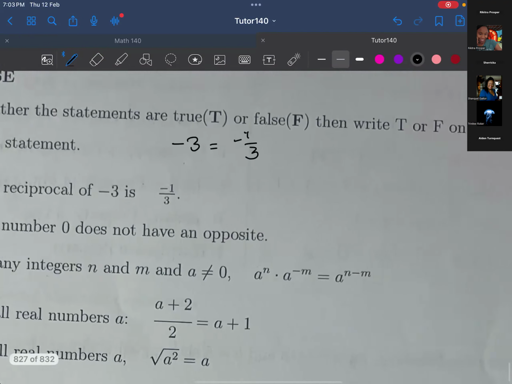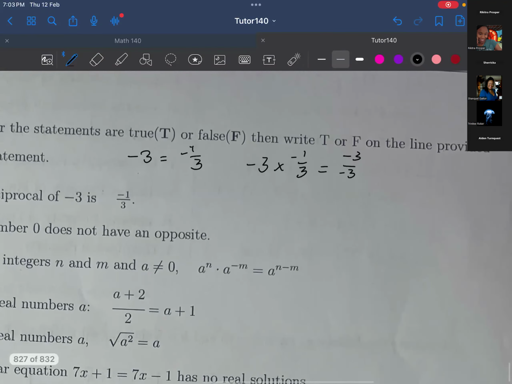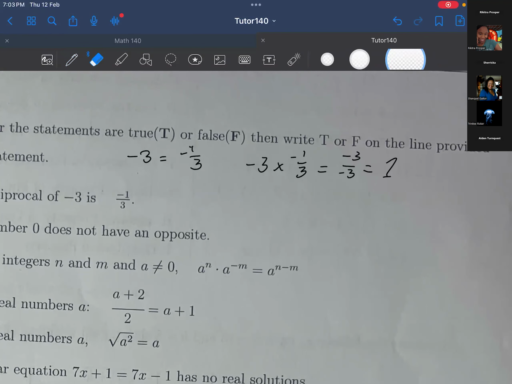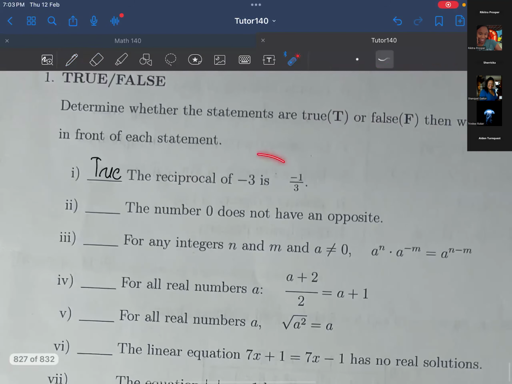To confirm it's the reciprocal, all you have to do is multiply the two and it should total 1. So -3 times -1/3 is -3 over -3, which would just be +1. So this would be true.